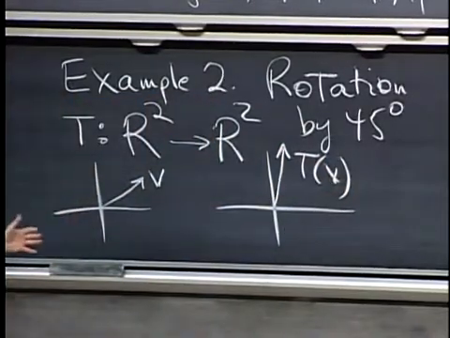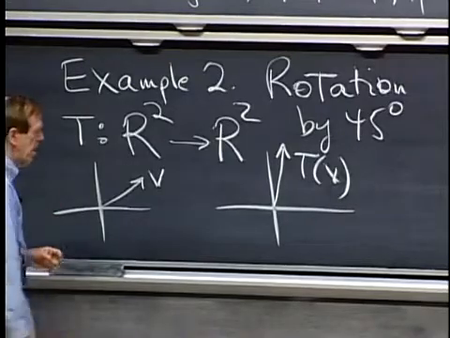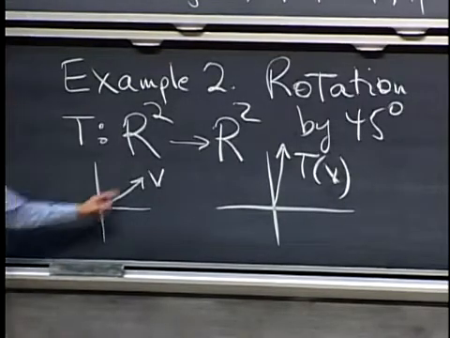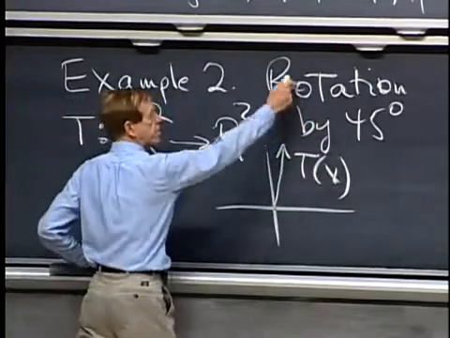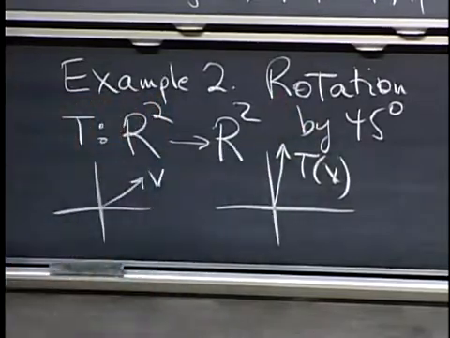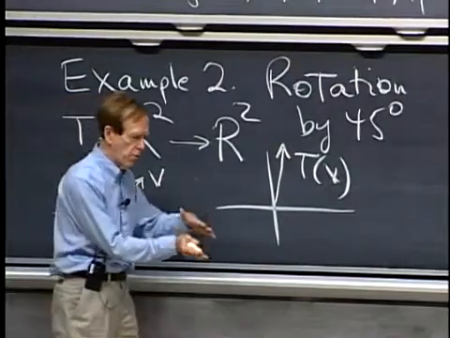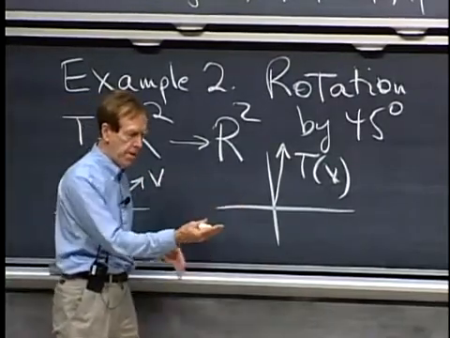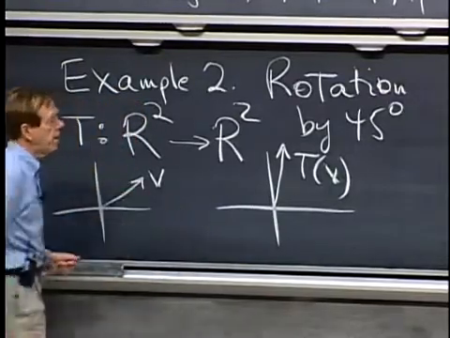You see that I can describe this without any coordinates. And see that it's linear. If I doubled v, the rotation would just be twice as far out. If I had v plus w, and if I rotated each of them and added, the answer is the same as if I add and then rotate.